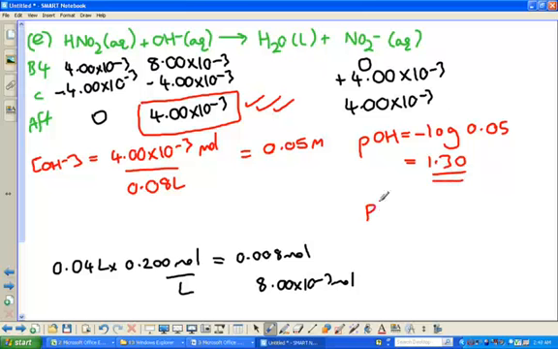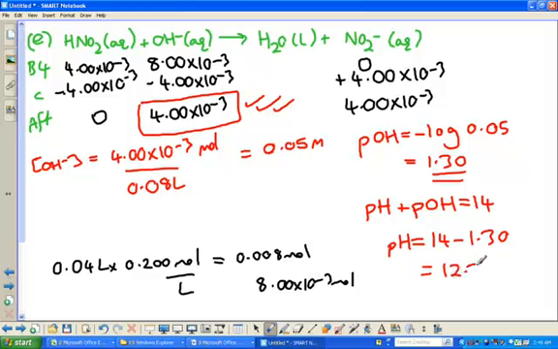And if you remember, the pH of any solution can be found from this equation. So therefore the pH is 14 minus the pOH, which in this case is 1.30, giving us a pH of 12.7. And as we said before, because I've added in a lot more strong base than I had weak acid, the pH is going to be way over 7, which it actually is.